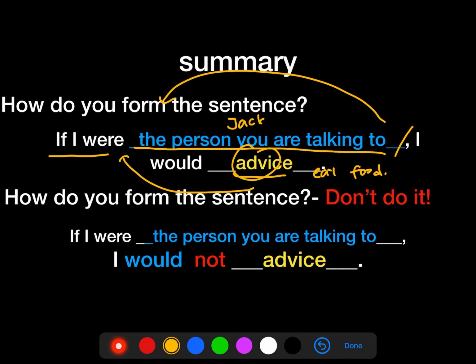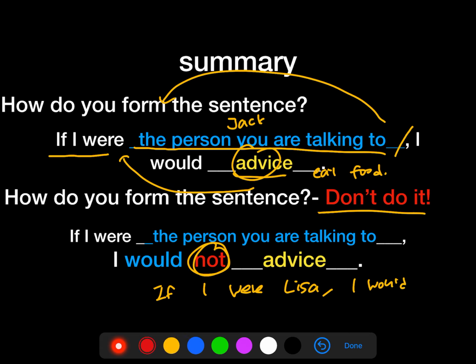Then how do we form the sentence with if I were, I would, with a don't do it indication? In that case, we add not. It's totally the same, but we add not just to tell the person don't do it. So if I were Lisa, I would not eat biscuits.